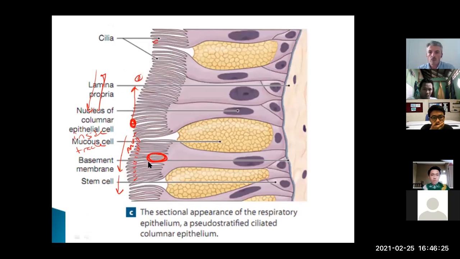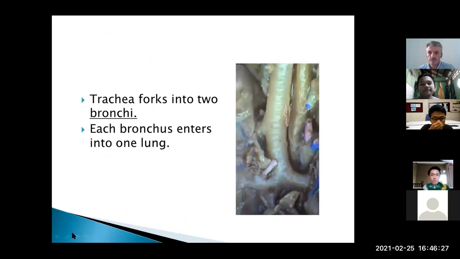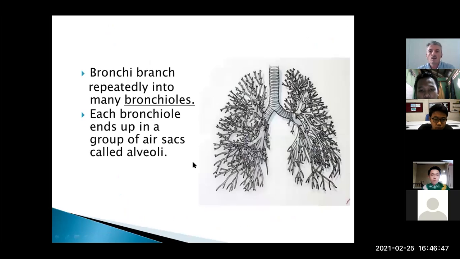This is a little bit more detailed. Then two bronchi, like trachea becomes two bronchi, and this one is esophagus. Has nothing to do with respiration. This is for food. Food is here, air is here. Bronchioles, many. Okay.